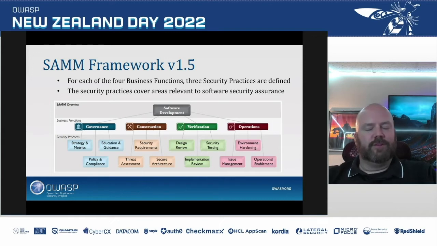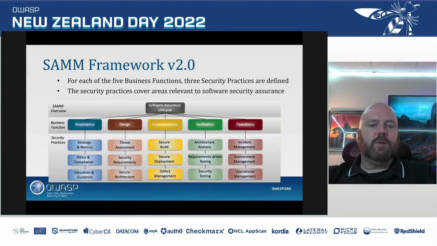Somewhere in between construction and verification, you wrote code. You designed things in construction, and then you tested them in verification. Well, the current software methodologies started adding a whole lot more in between the two. Now you have build and much more complicated build environments. You have deployment environments.